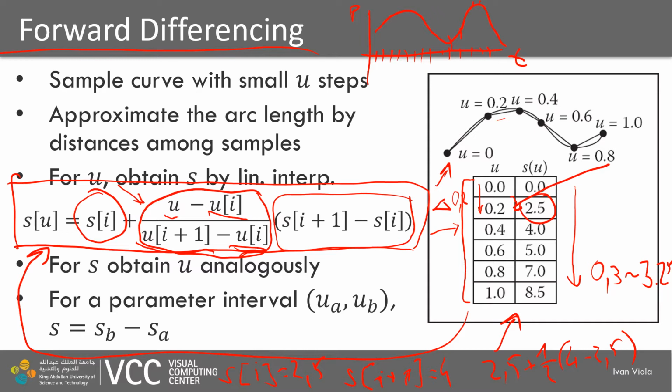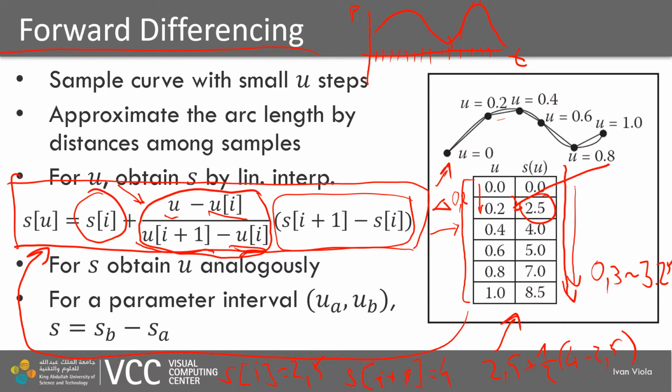However, we are often interested not in calculating the S(U) from a given U, but the other way around. We would like to have control. We would like to go through the S(U) in a monotonic linear way by equal increments, and we would like to calculate what is the corresponding U necessary for that.